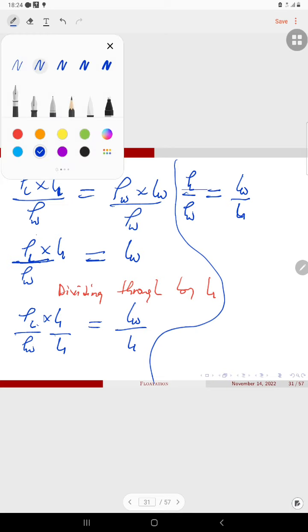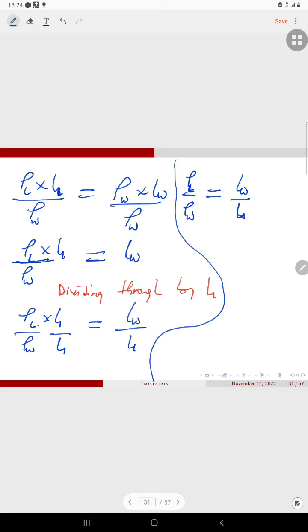This is a powerful equation. Now, rho L is density of a liquid. What does density of the liquid over density of water stand for? It stands for relative density of the liquid. So I can say relative density of the liquid is equal to LW over LL.